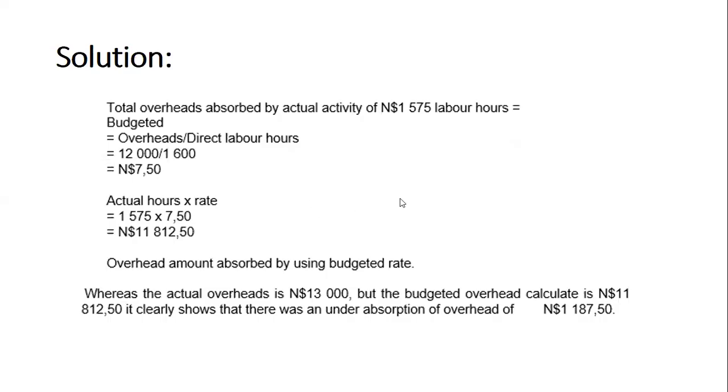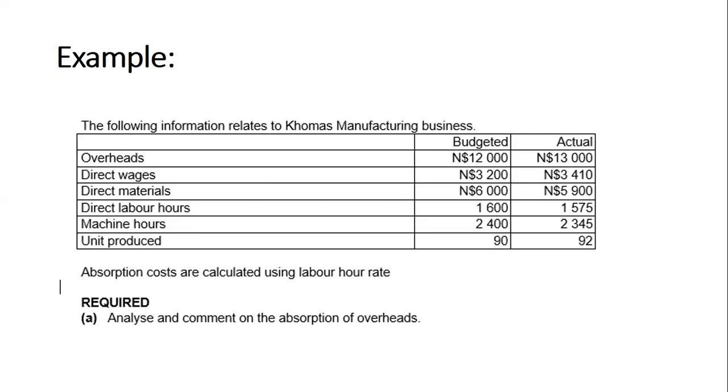After doing that, we get the rate per labor hour, and we multiply that rate by the actual direct labor hours, which is 1,575.